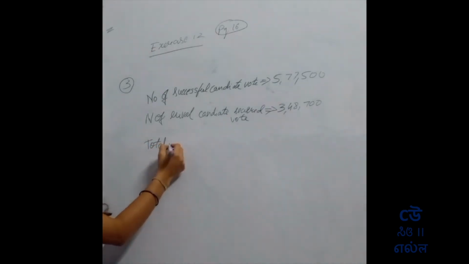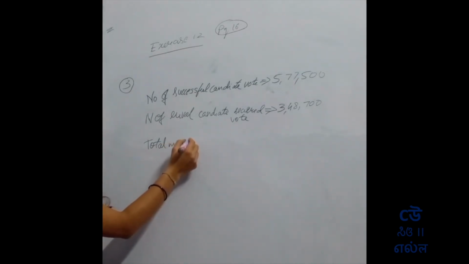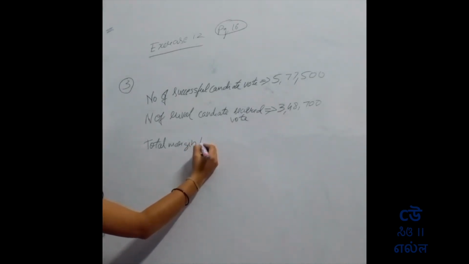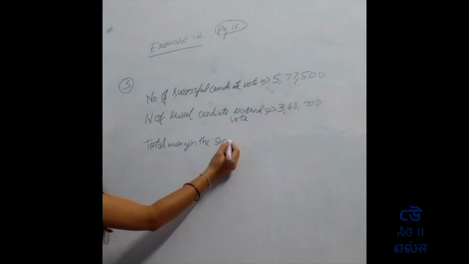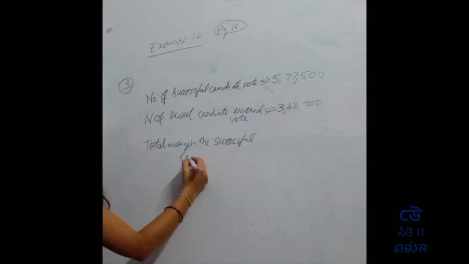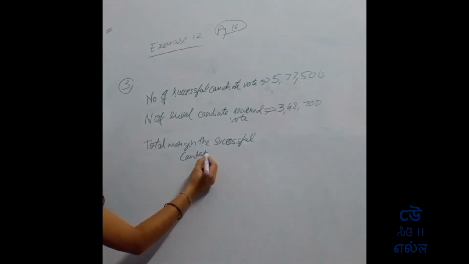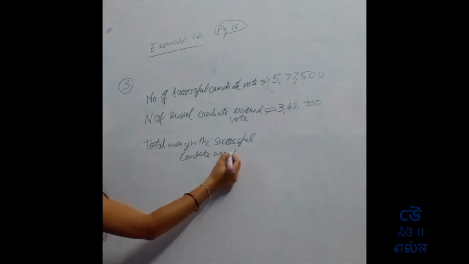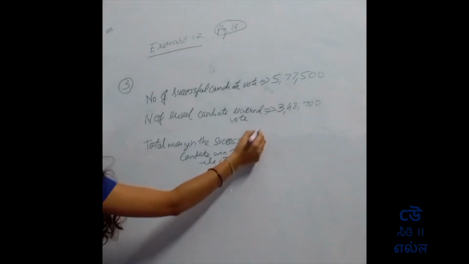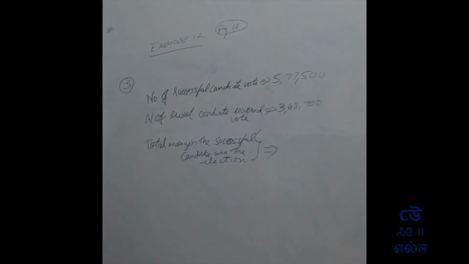So the total margin by which the successful candidate won the election, what is it? Subtract these two, then we'll get the difference.